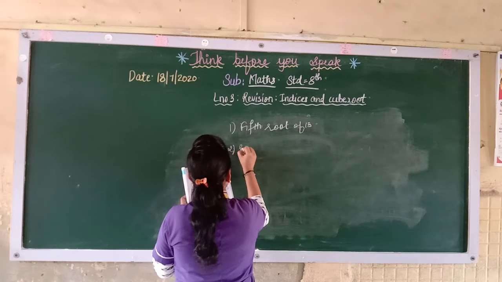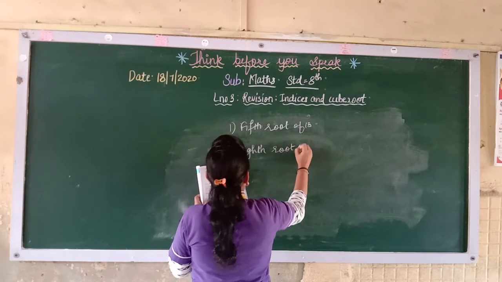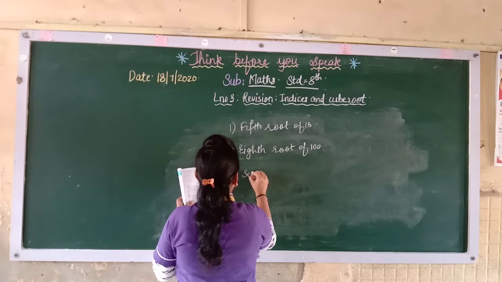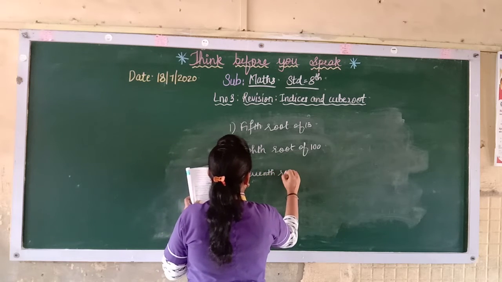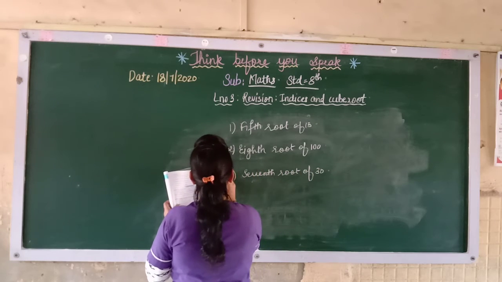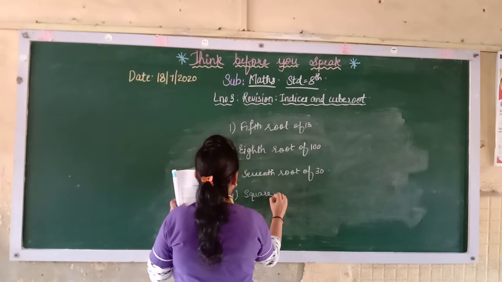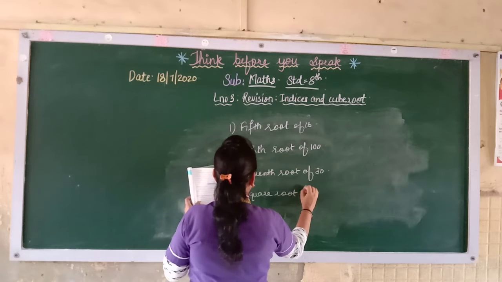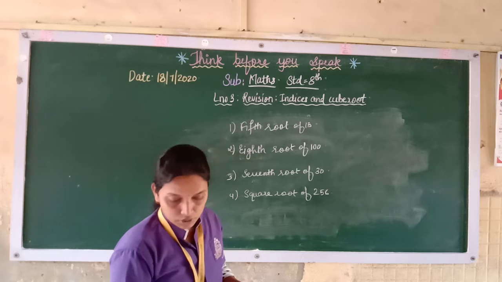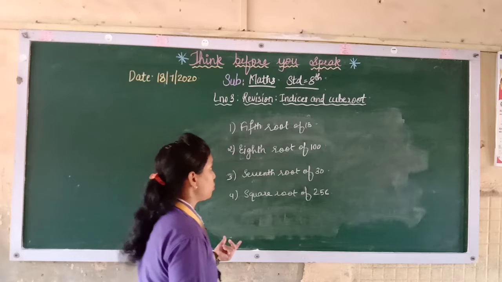We'll take some examples: 8th root of 100, 7th root of 31, and fourth one, square root of 256. Just now previously I showed how you will write the root.